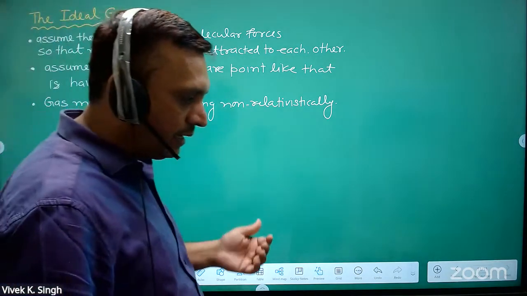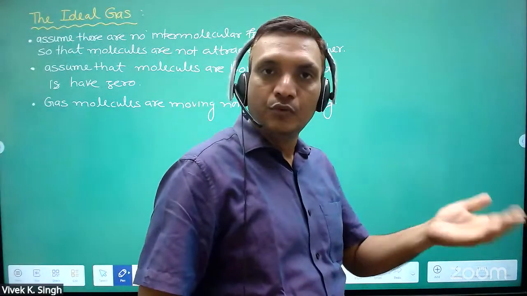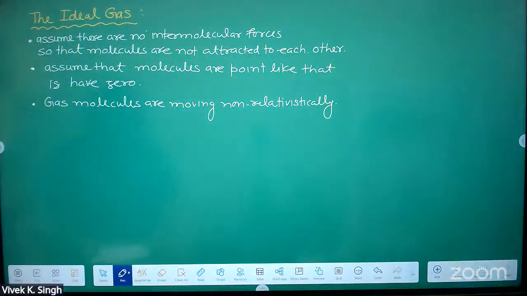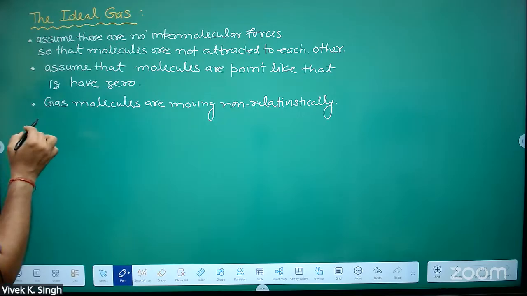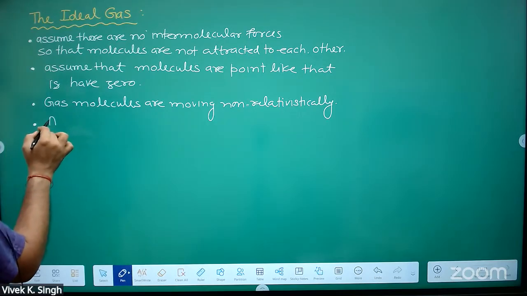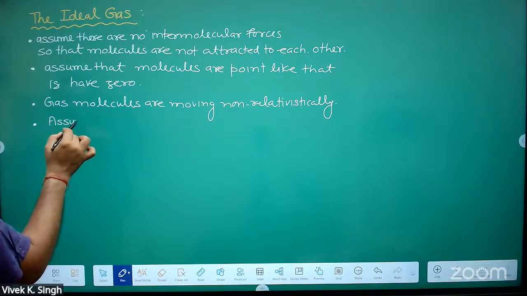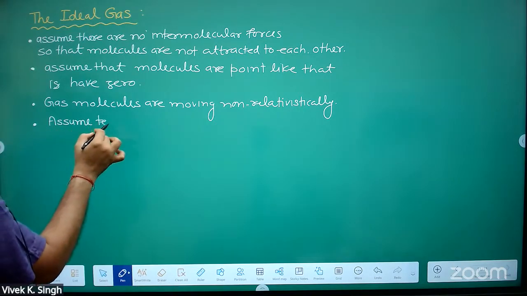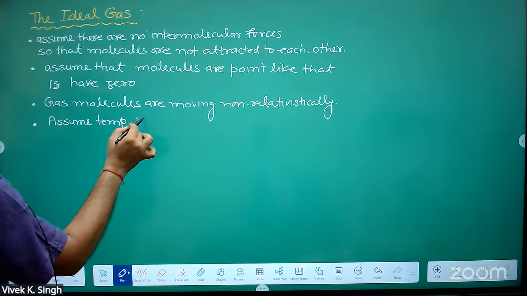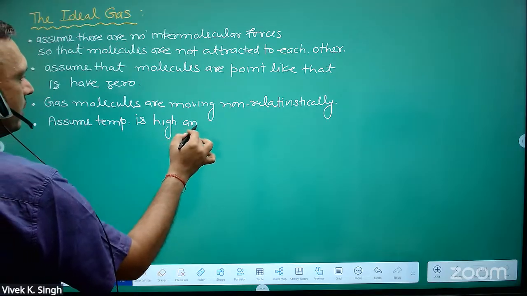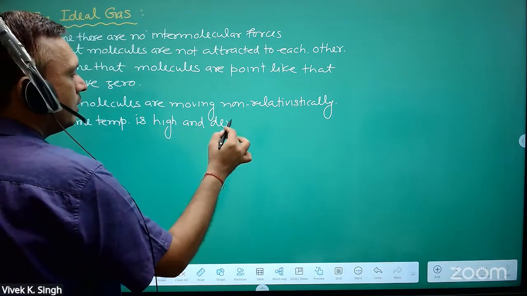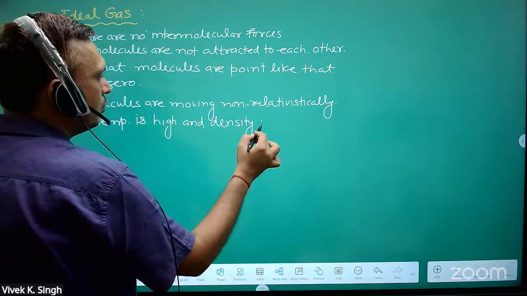In the real case, they may move with relativistic velocity also. Okay? And we are also assuming that temperature is high and density is low.